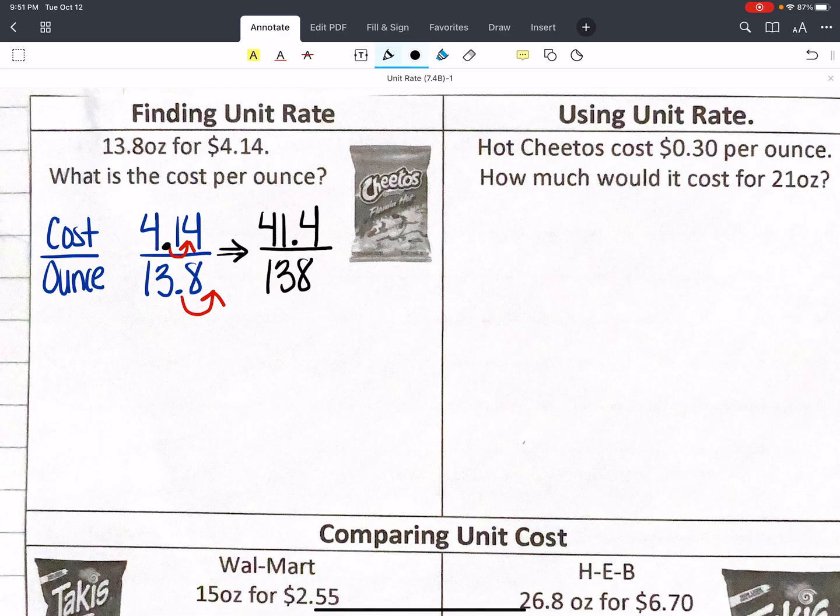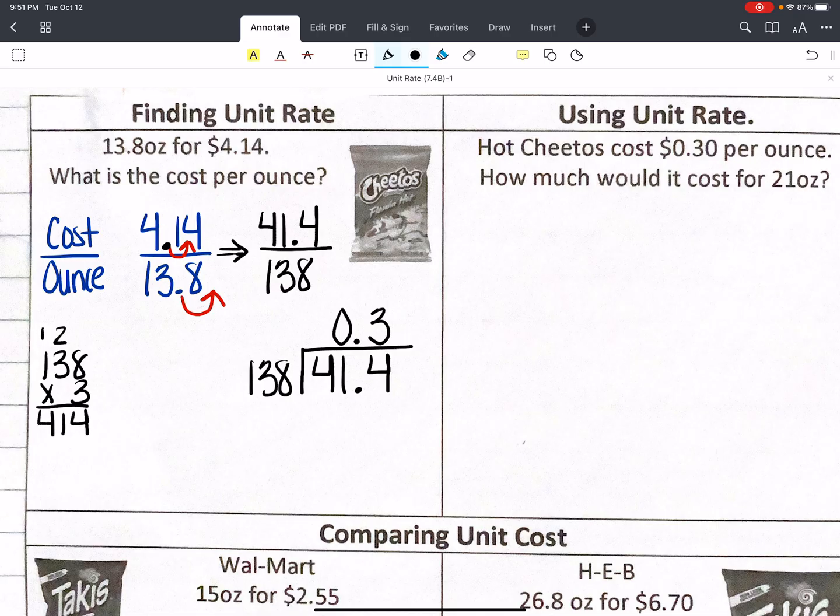Now I'm going to do my top in, bottom out because my divisor is a whole number. 138 cannot go into 41, but it can go into 414 3 times. Because 138 times 3 gives me 414. So this is letting me know for that bag of hot Cheetos, we are paying 30 cents per ounce.